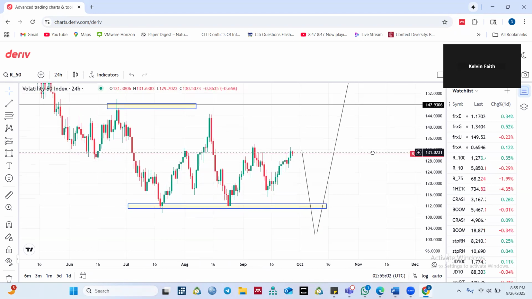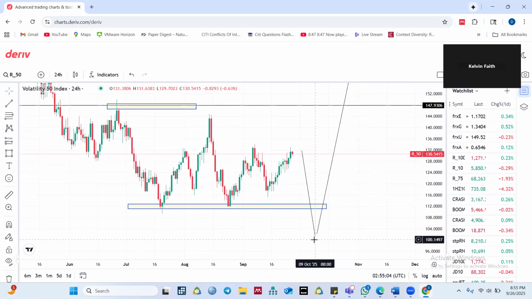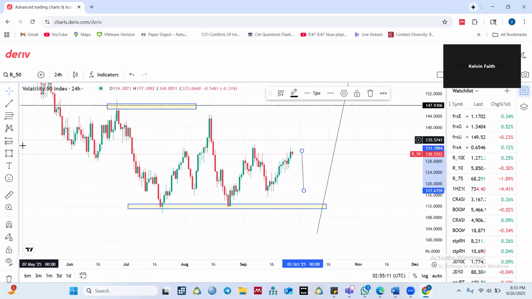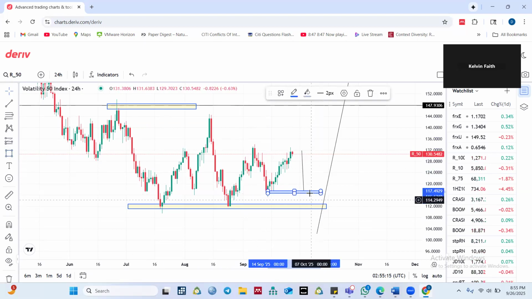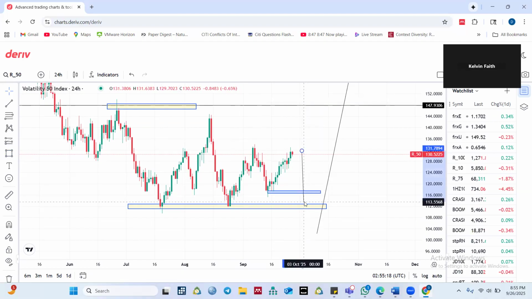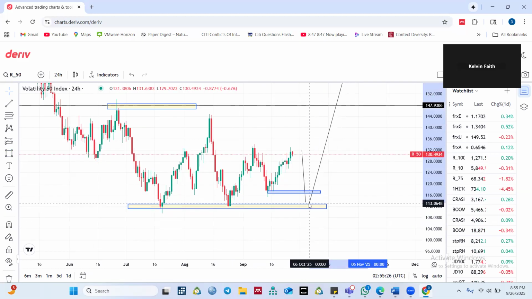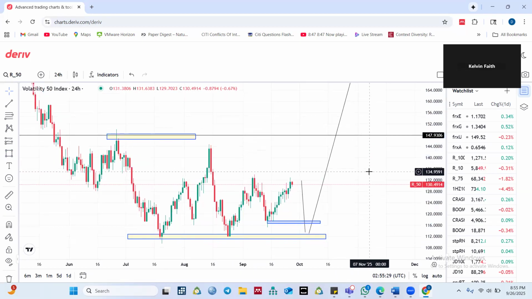That is one thing. The other thing is we might also see price push back to retest either this area, this low here, or it might break into this, let's say, support here one more time, and then give us a triple bottom and then go back up to retest.